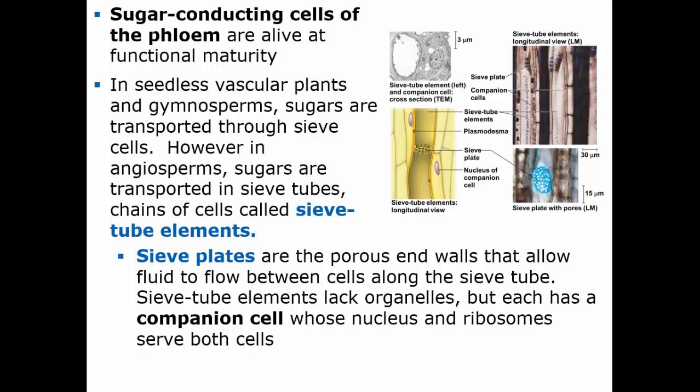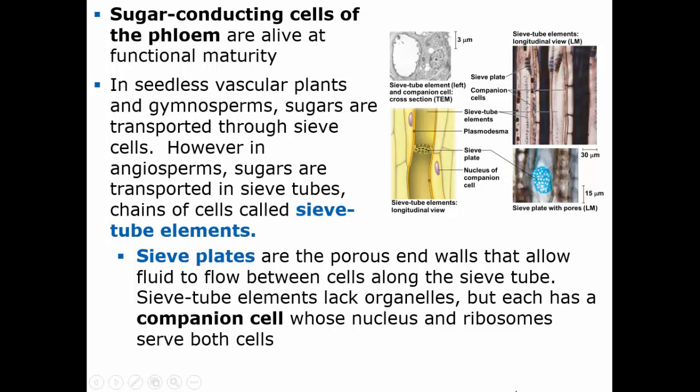The sieve tube elements provide the primary passageways for the flow of these materials and are connected by the sieve plates, these circular structures with lots of holes through which the materials can fit. Interestingly, these cells are fairly empty.